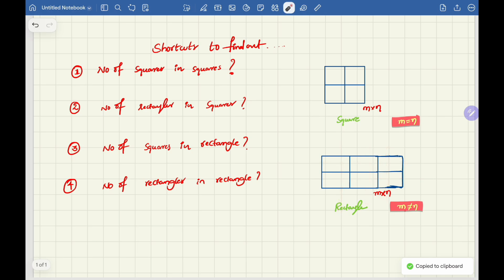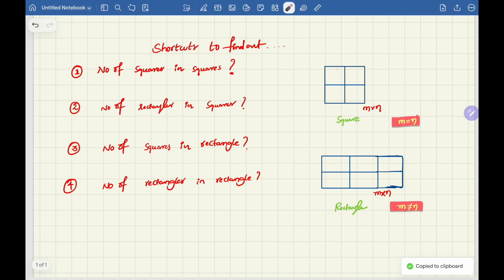If you take a square, this is one square, one square, one square, one square, this whole one square. So how many squares are there in this square that you need to find out? Okay, you are getting here 2 by 2, but what about if they are giving a 4 by 4 matrix, 5 by 5 matrix? Then it's difficult to find out, right? So that's why I want to give you shortcuts.